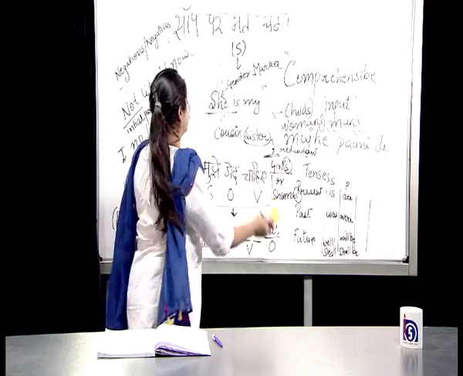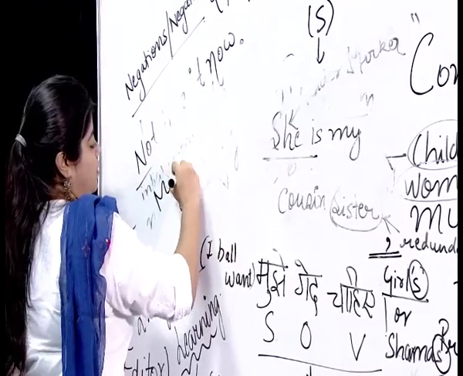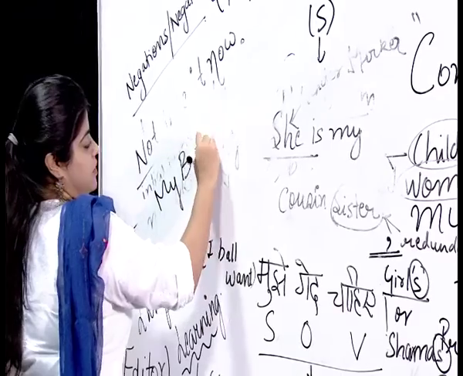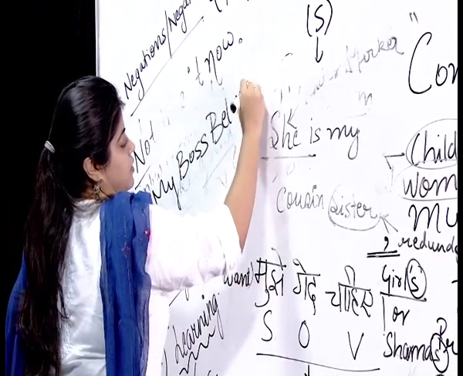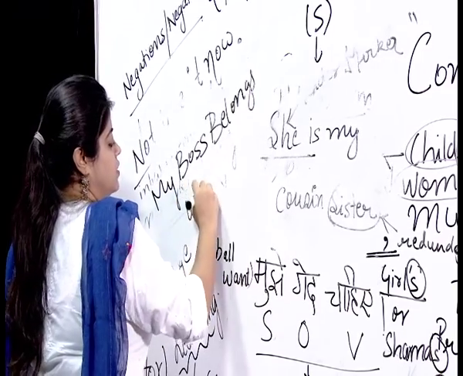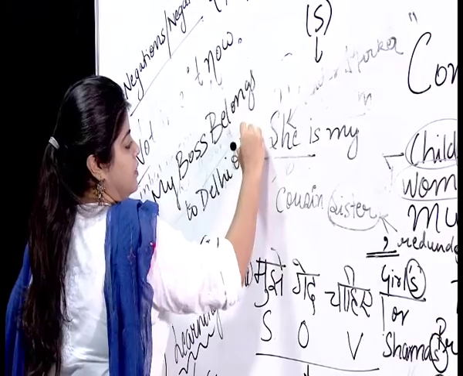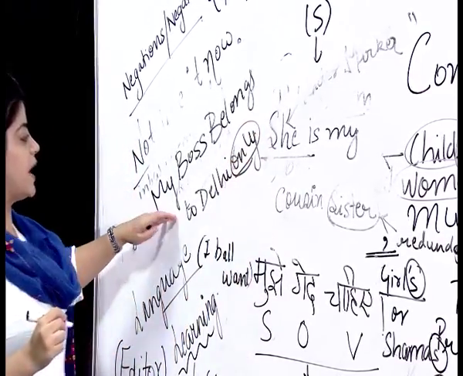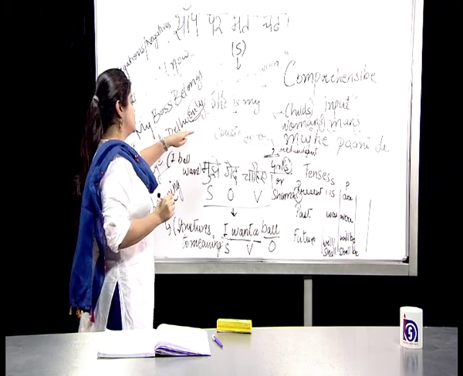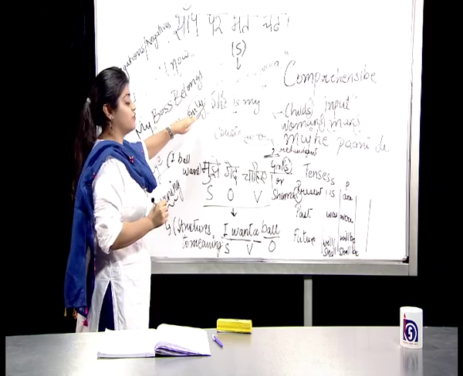Or if we look at an expression like my boss belongs to Delhi only. So the use of the word only over here. If he says that my boss belongs to Delhi, we don't need an only over here, but that's a very Indian usage of English.